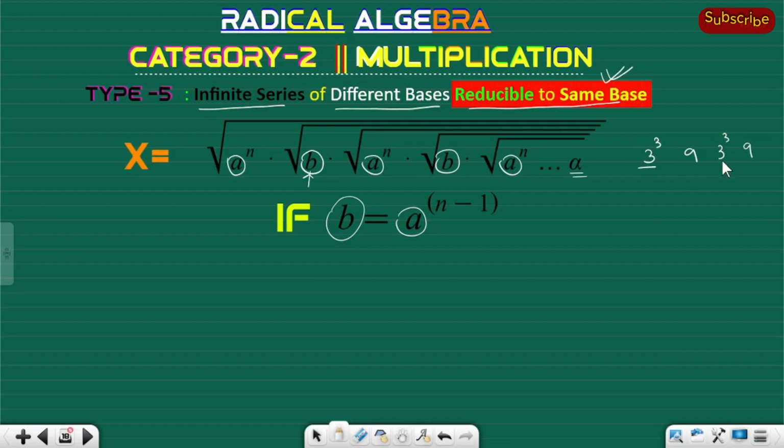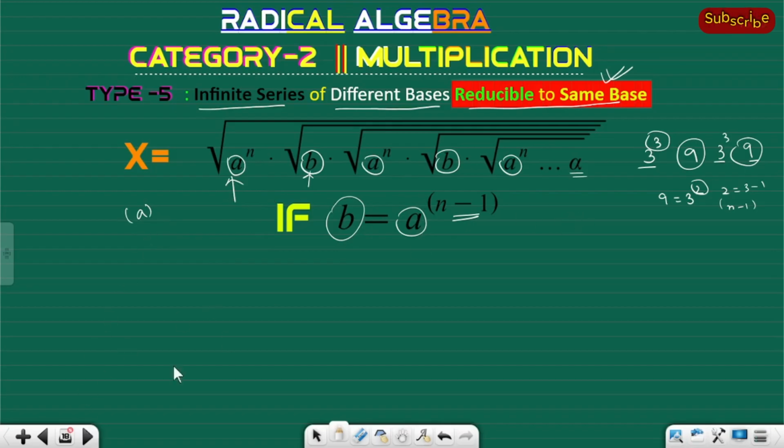This is A, this is B, this is B. So B here, 9, can be reduced to 3 squared. This is what it means. Here it is power 3, right? Here is power 2. 2 is nothing but 3 minus 1, that is n minus 1. So in this case also the answer would be the number A itself.